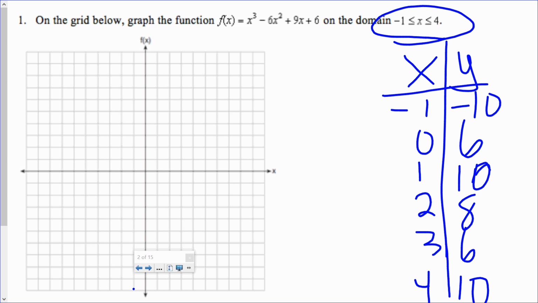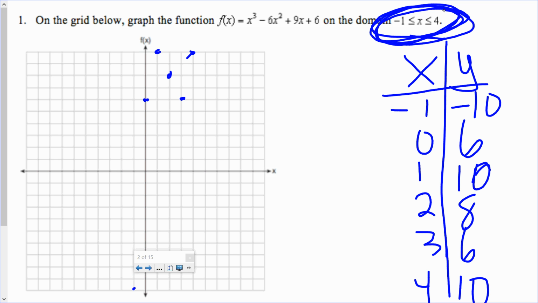So the points are (-1, -10), (0, 6), (1, 10), (2, 8), (3, 6), (4, 10).